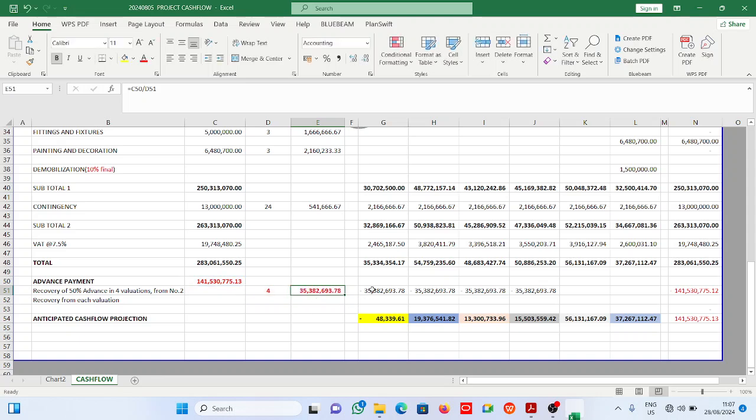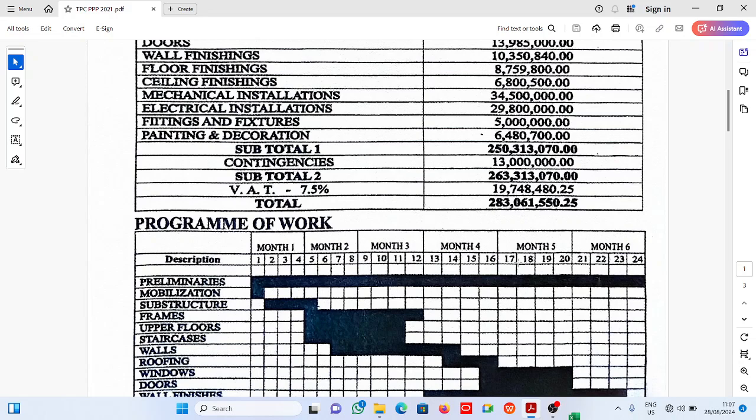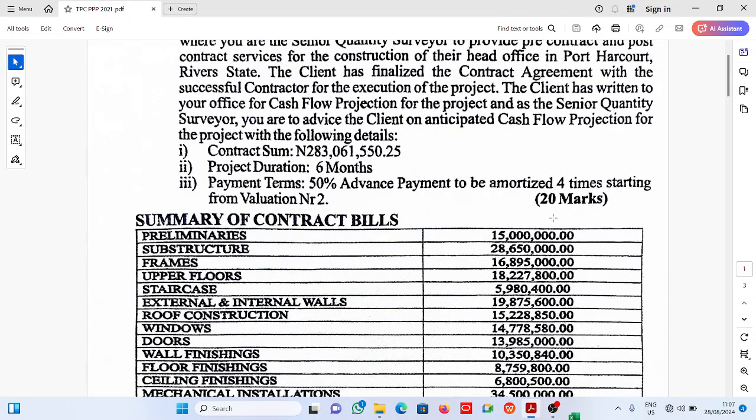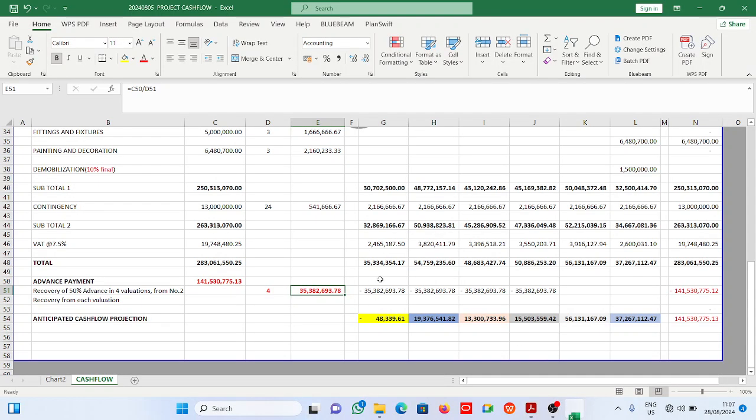Now if you come to the question, this cash flow forecast is for the client. You are to advise the client on anticipated cash flow projection. Now let me explain something here. For the client, his valuation number 1 is advance payment. Although it may be for record purpose, for the client, valuation number 1 is advance payment.